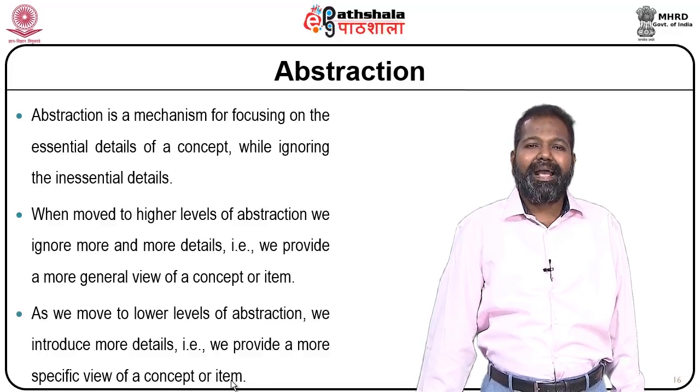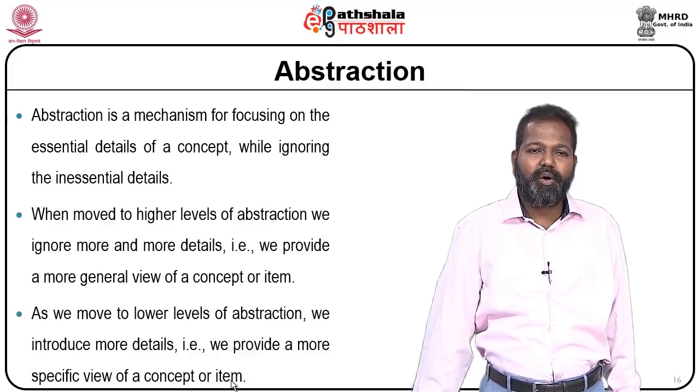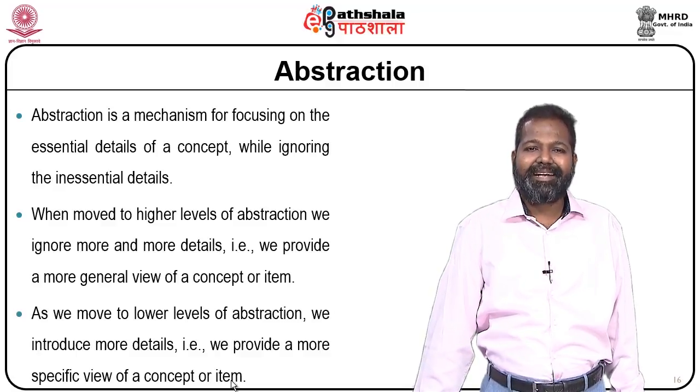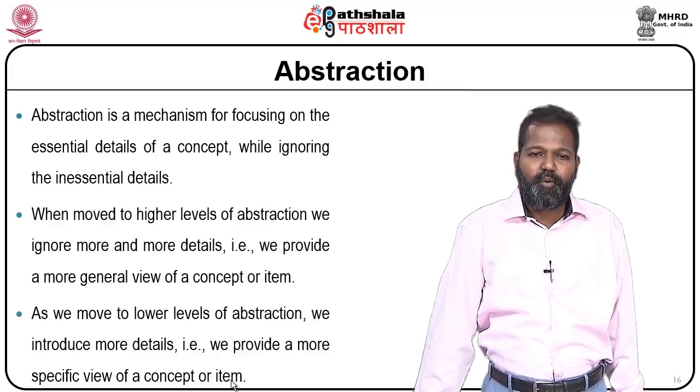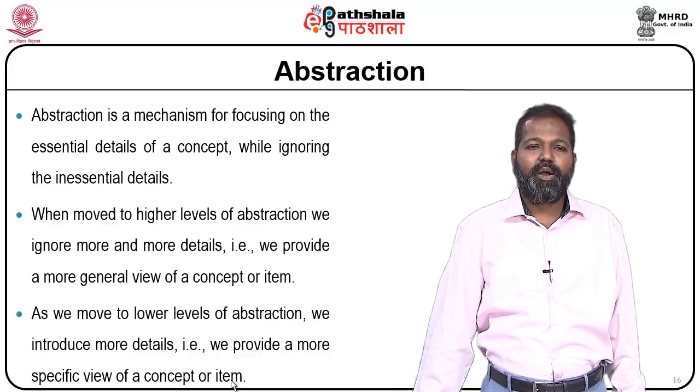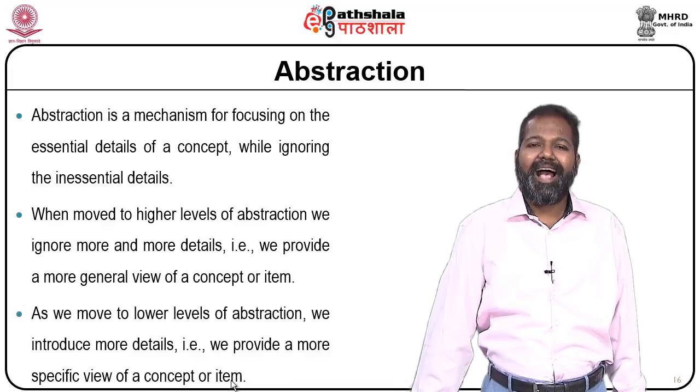When moved to higher levels of abstraction, we ignore more and more details. That is, we provide a more general view of a concept or item. As we move to lower levels of abstraction, we introduce more details. That is, we provide a more specific view of a concept or item.